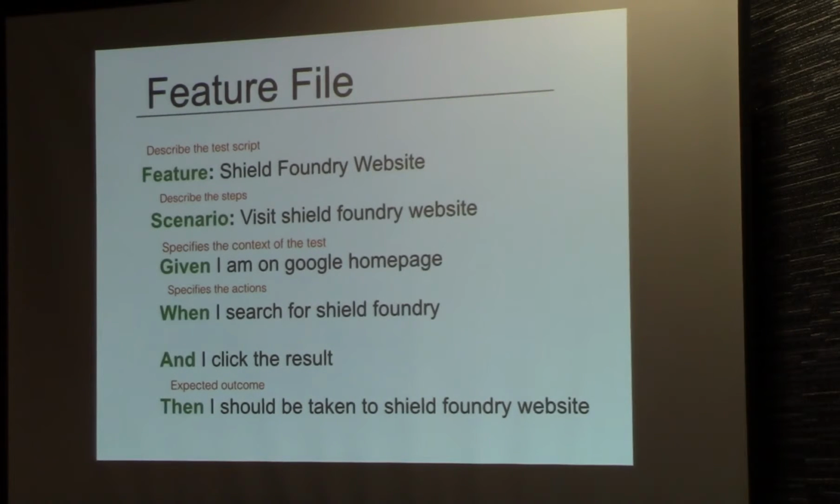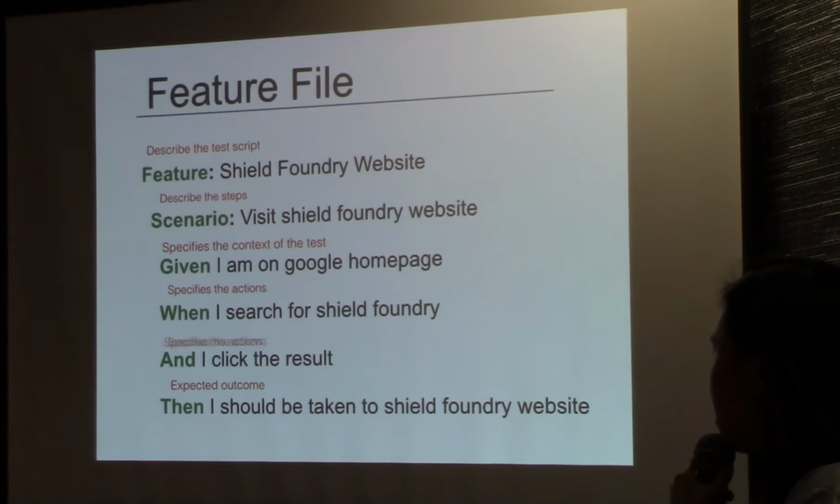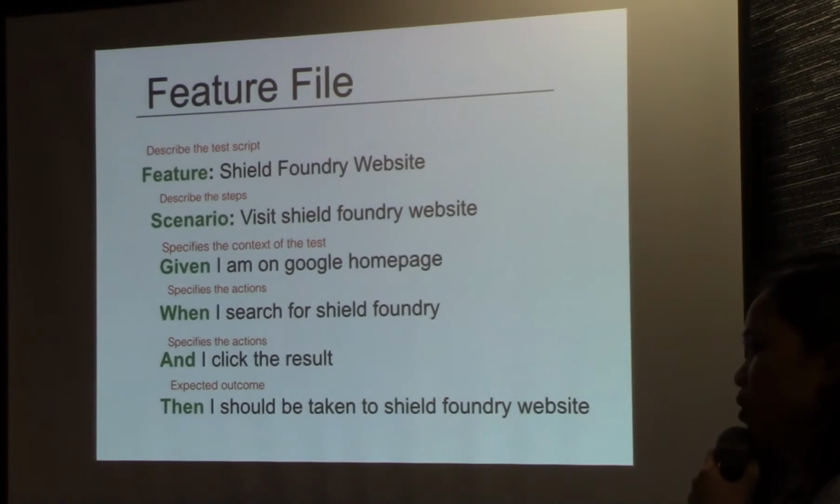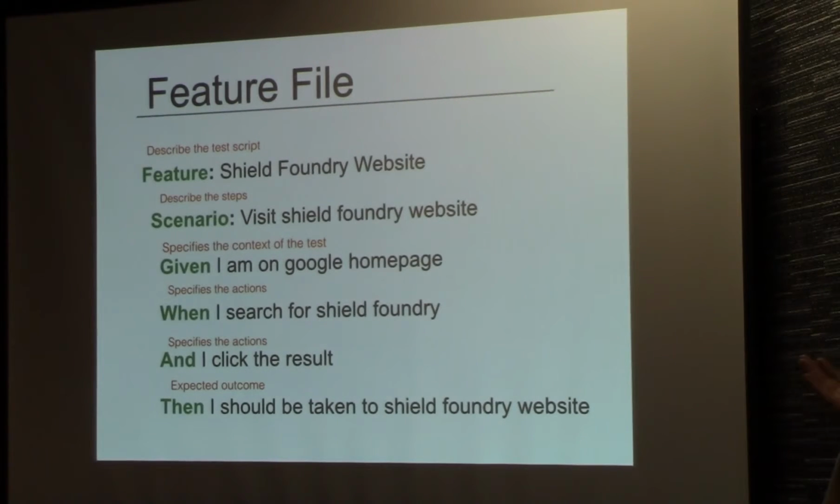The and keyword combines two or more same type of action. So since and is written after when, it also specifies the actions. If and is written after given, it specifies the context of the test. Or after then, the expected outcome.